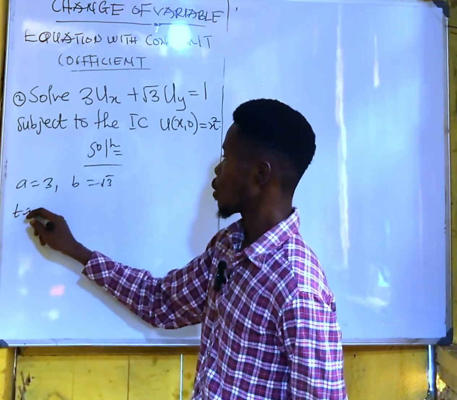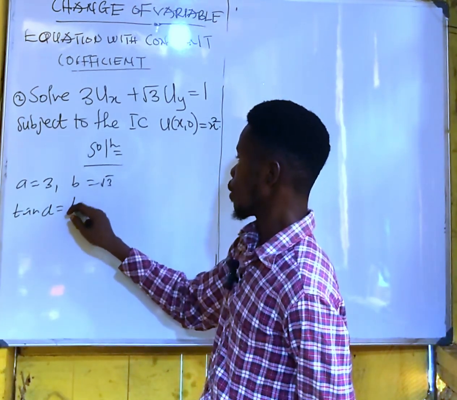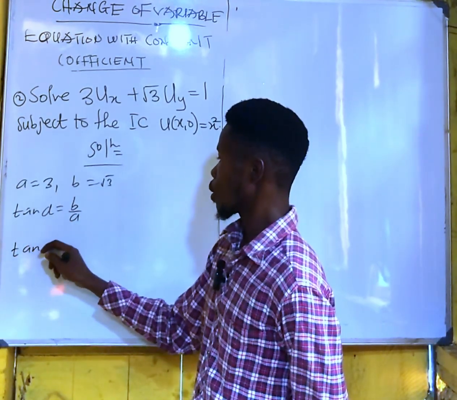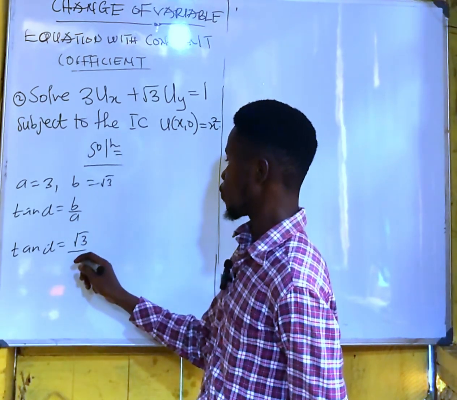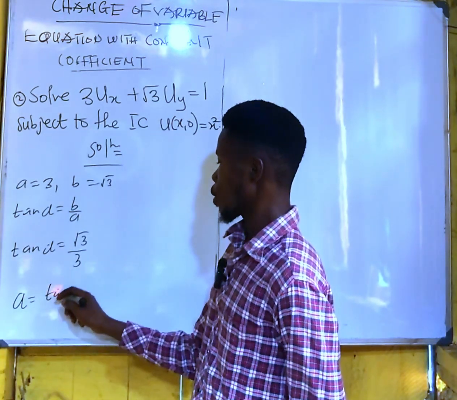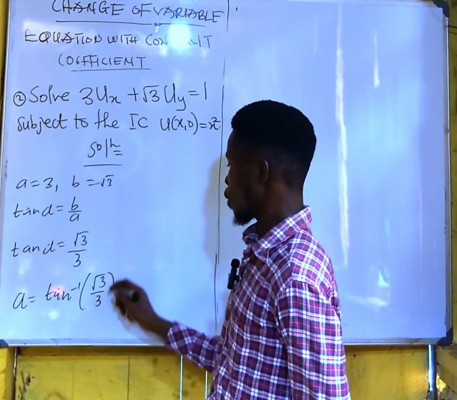So, tan alpha is b over a. That will give you tan alpha to be root 3 over 3. So my alpha will be tan inverse of root 3 over 3.